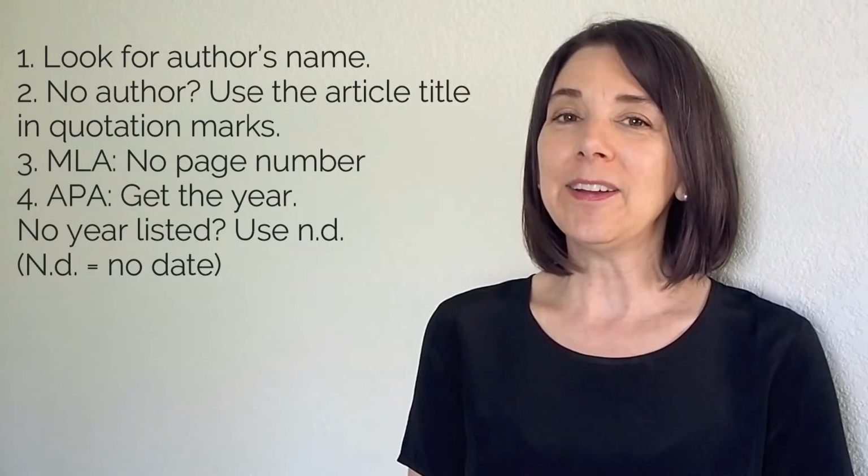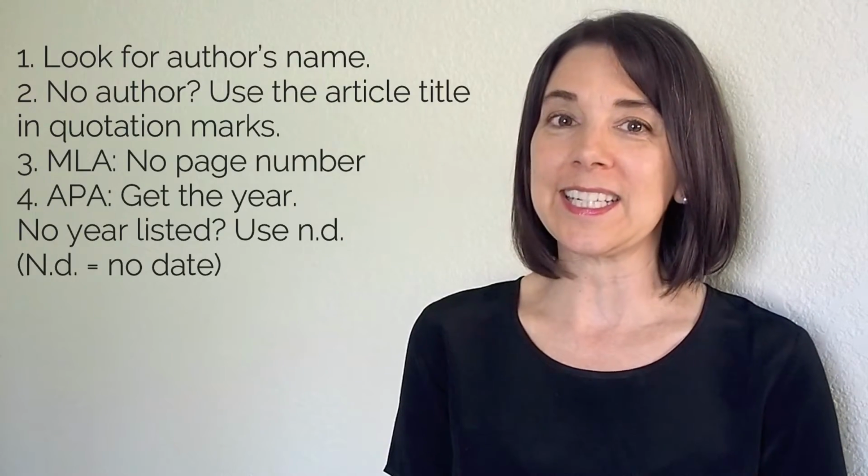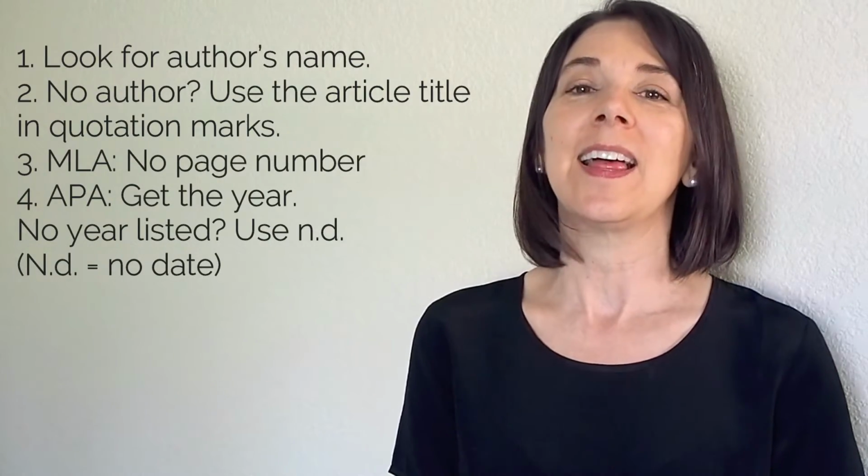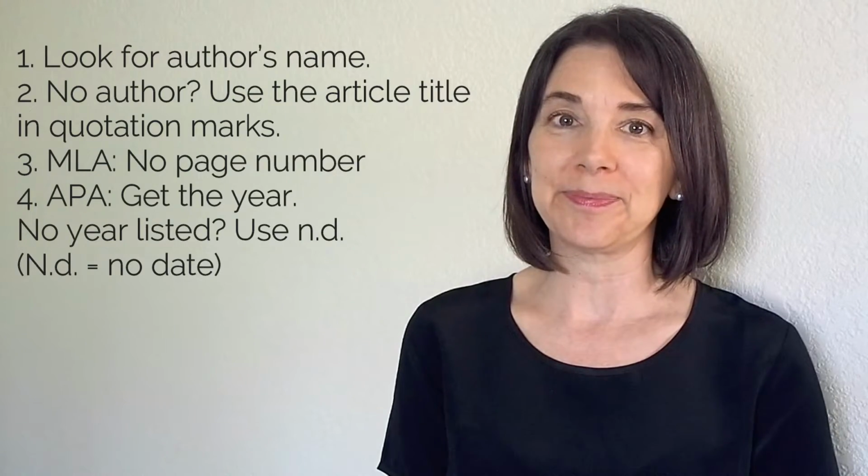Many of your sources are going to be from articles on the internet, and that is just a little bit different. So for an article on the internet, you're going to look for the author's name. If there is no author listed, then you're going to go to the second piece of information, which is the title of the article.